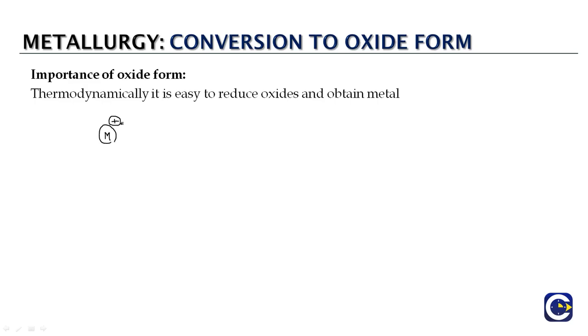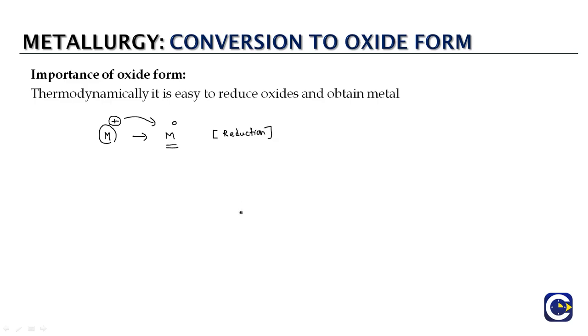It may be unipositive or dipositive or tripositive. When you get the respective metal, the oxidation state of the metal in the free form will be 0. So what we essentially have is a decrease in the oxidation number, and that is what we call reduction.